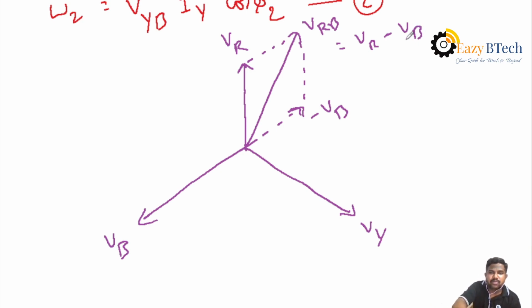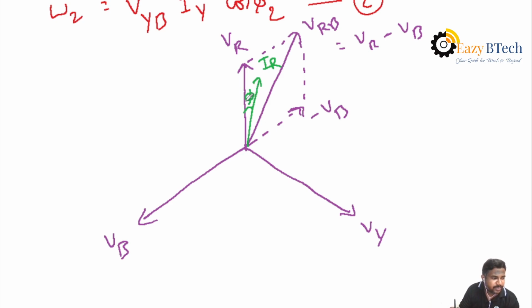Okay, here what are the angles? That means what is the current here? Let us consider the current passing through the W1 wattmeter is IR. Then what is the angle between VR and IR? Between voltage and current, we know the phase angle, consider phi.